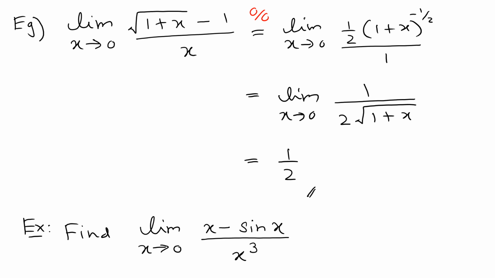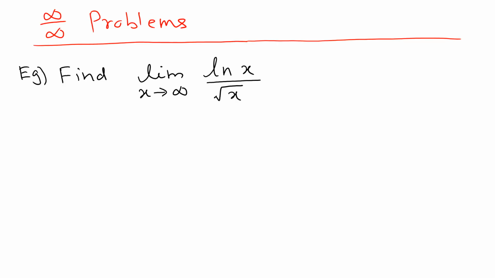Now let's look at an infinity problem. Let's do an infinity over infinity problem. Let's say find the limit when x goes to infinity of ln x divided by square root of x. Again, if you look at the graph of the natural log, you clearly know that when x goes to infinity, the function goes to infinity.